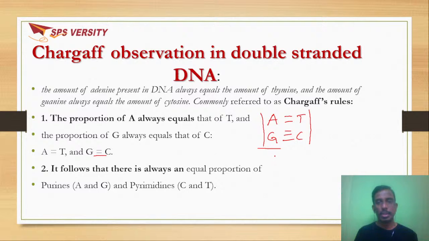So the ratio will always be equal, that is 1:1. That means if there are 10 adenines, there will be 10 thymines. If there are 40 guanines, there will be 40 cytosines. So what Chargaff's observation says is the ratio of purines and pyrimidines will always be 1:1, as they show a complementary relationship.